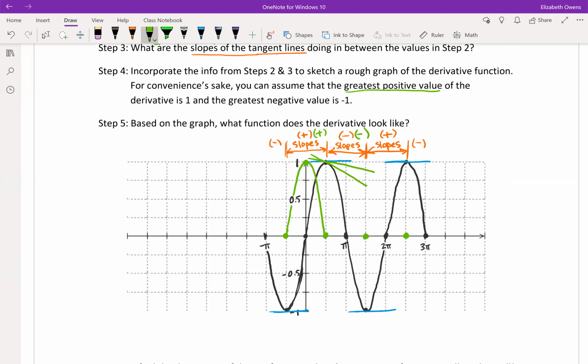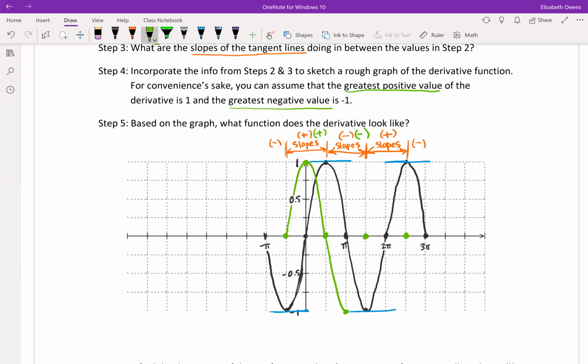So a small negative value, but they are going to start getting steeper, more and more negative, until it looks like, again, right in the middle of that interval, we hit our steepest negative tangent line slope. So that's our greatest negative value of the derivative. We're told that that is -1. So we're going to hit -1 down here.